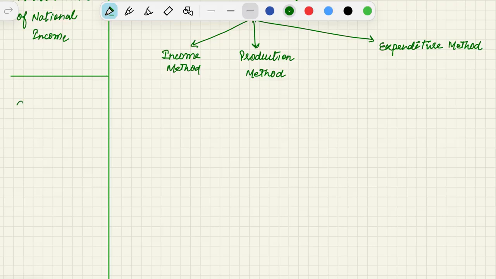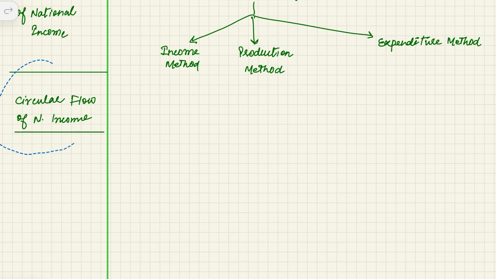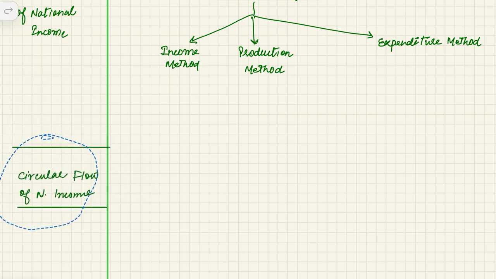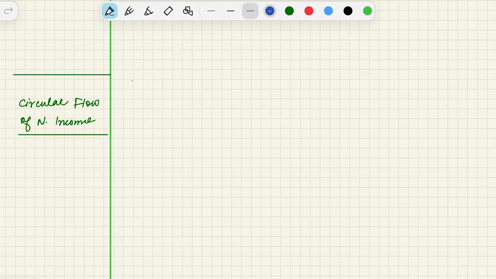So before knowing these three methods of calculating national income, we have to first identify what this circular flow of national income is. So here, if you see, what is the circular flow? I will write here.